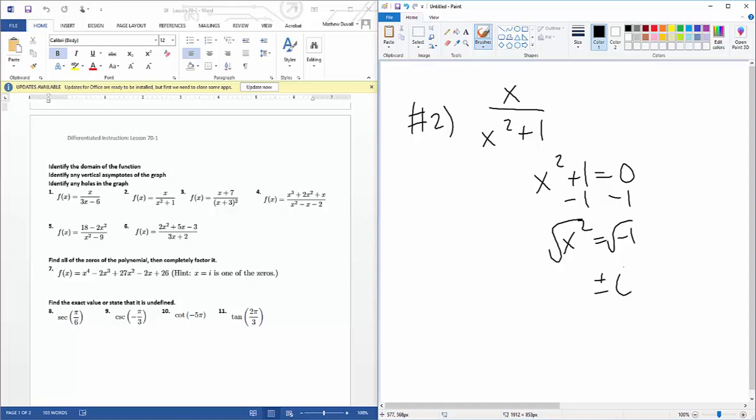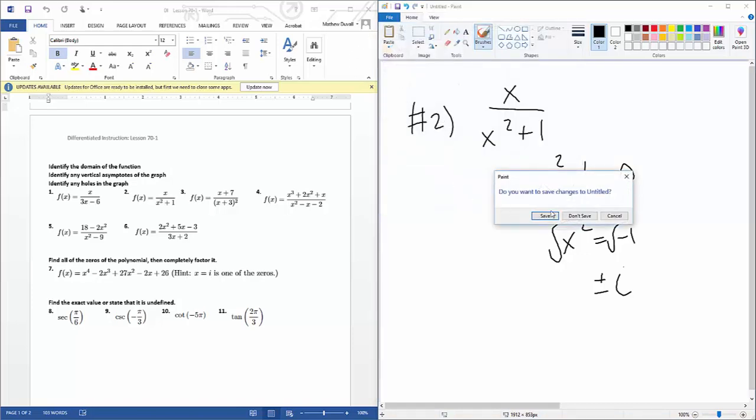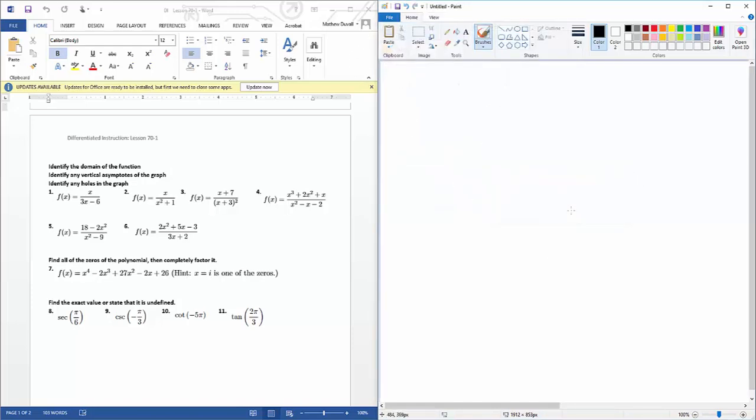And even think about it, is there any number for x that you can plug in that's going to give you a 0? And there isn't. So there's no vertical asymptotes, and there's no holes. And so the domain would actually be, because there's no undefined values, from negative infinity to positive infinity.